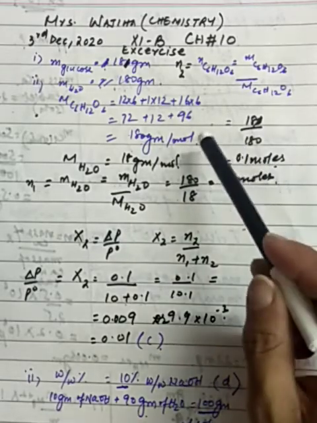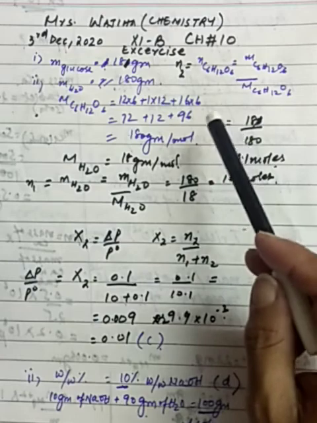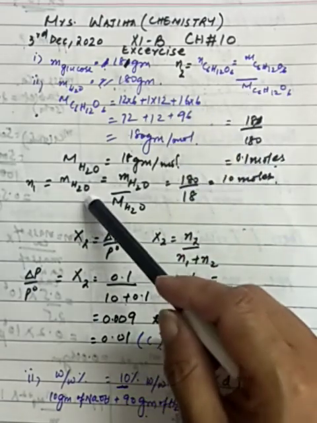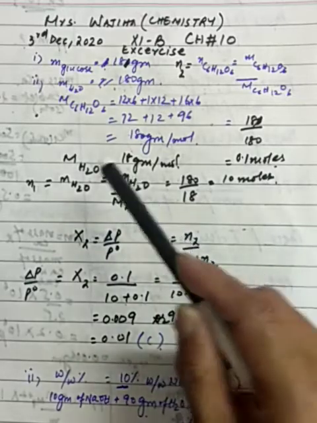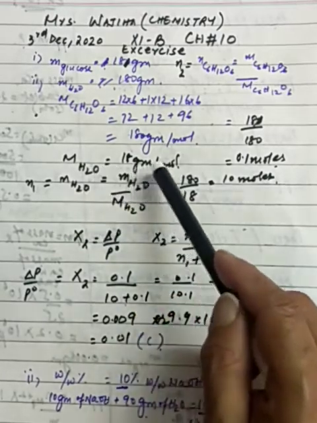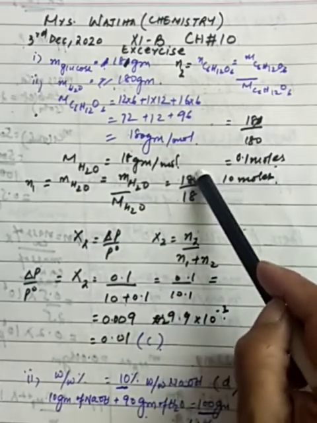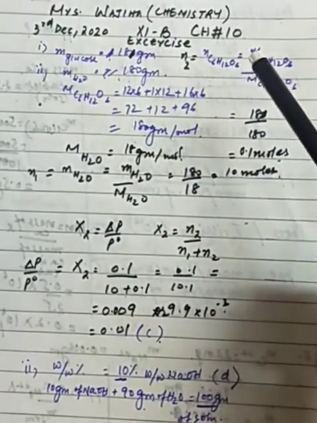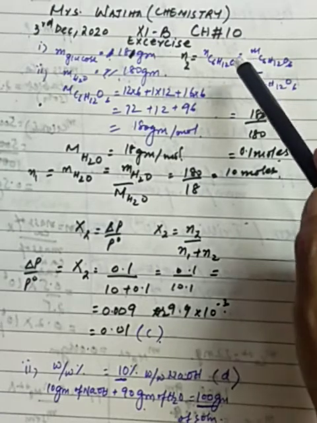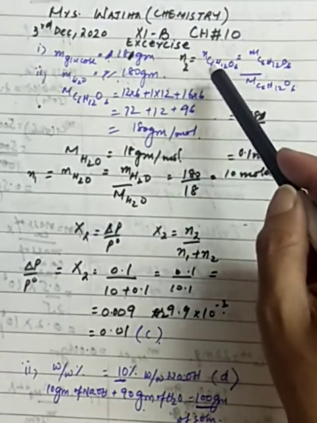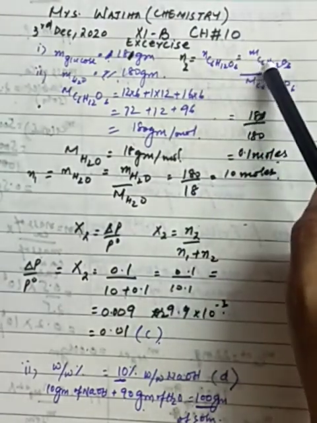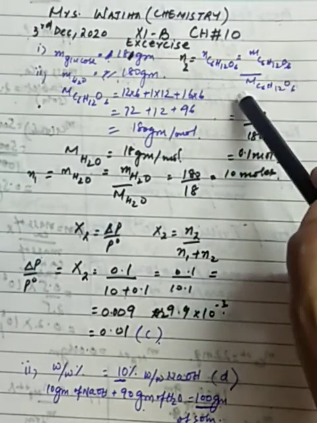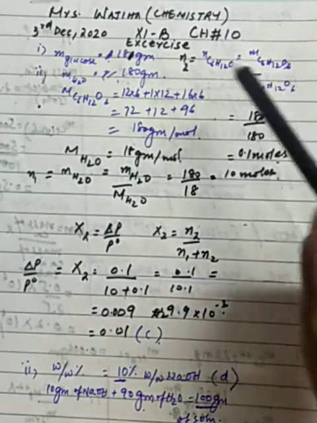First we calculate the number of moles for glucose and number of moles for water. The molar mass of water is 18 gram per mole. The number of moles of glucose is equal to the ratio of mass of glucose to the molar mass of glucose.